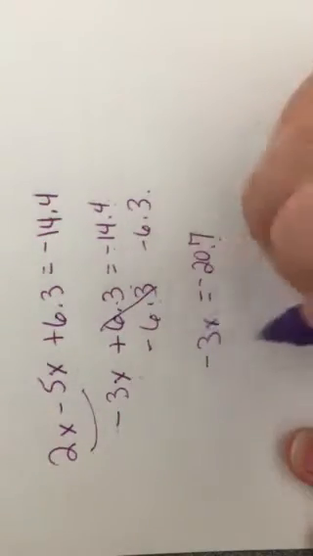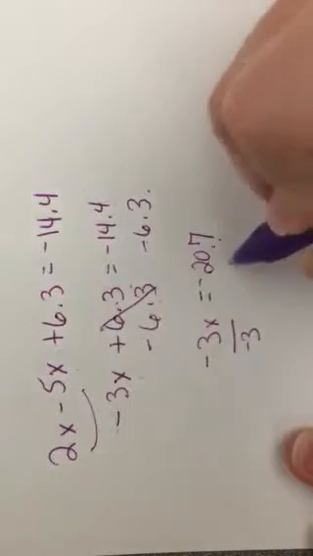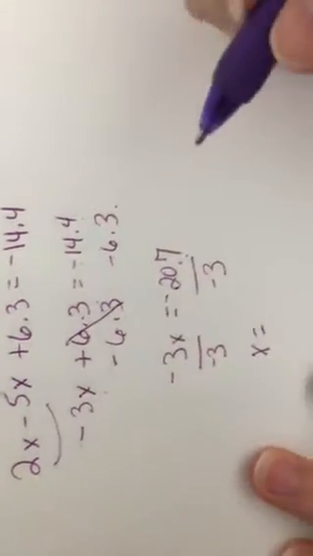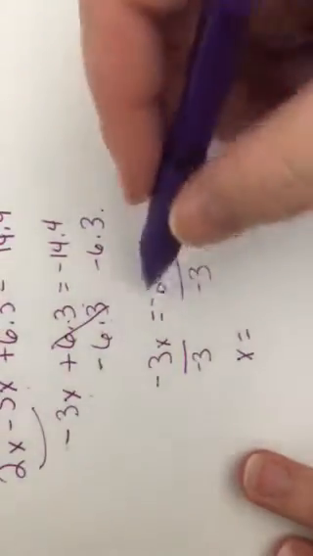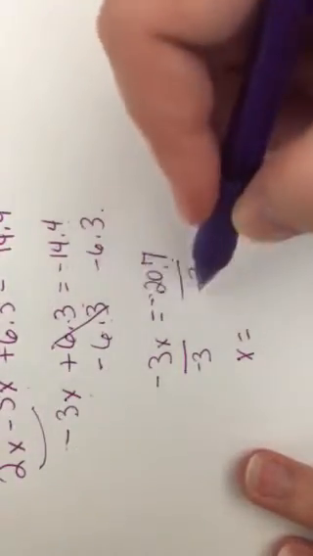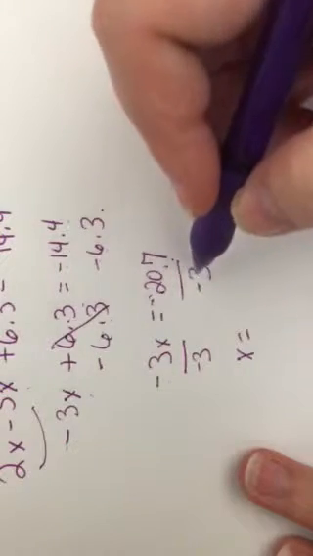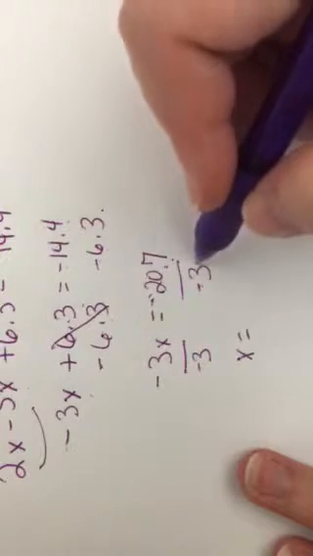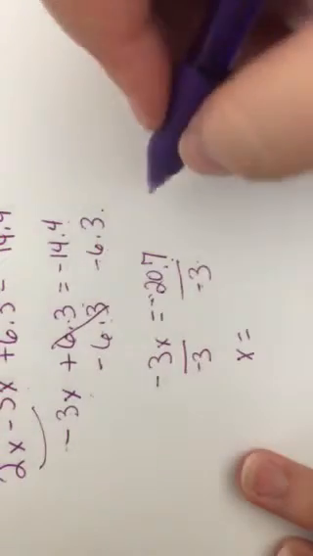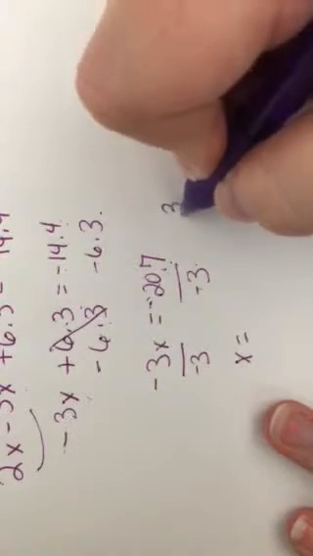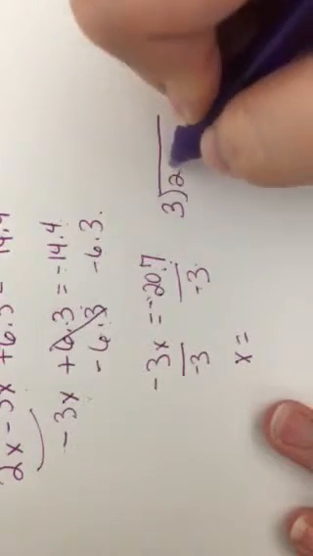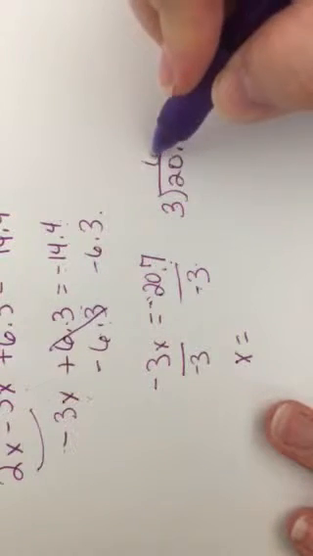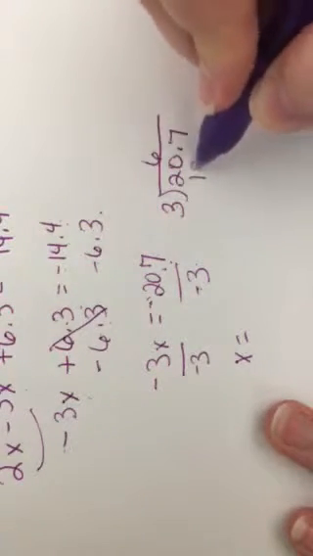So now I have to divide by negative 3. So x equals, now in this particular case, one thing you should notice first off is you have a negative here and a negative here, so this solution is going to end up being positive. The other thing, if you don't know what 20.7 divided by 3 is, set up your division. 3 will go into 20 6 times. 6 times 3 is 18.